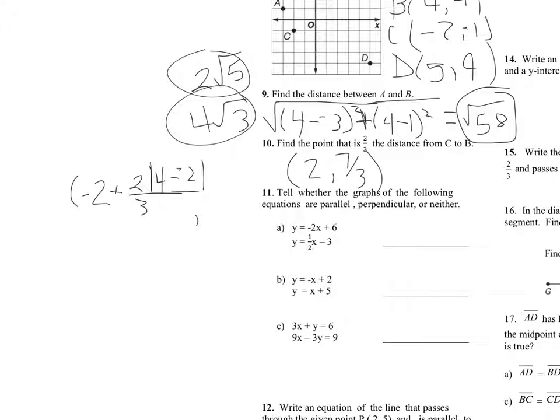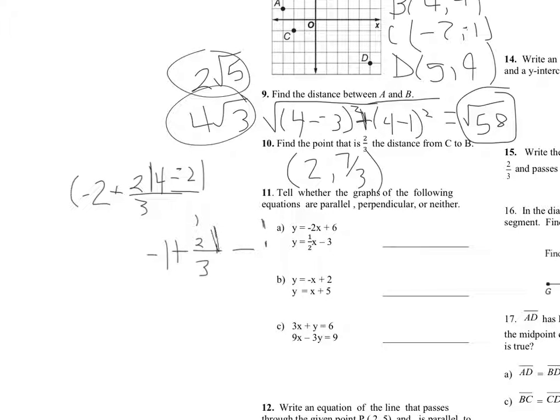And then for the y's, that's going to be -1 plus 2/3, absolute value of -1 minus 4. No, actually 4 minus -1. I have that backwards again, sorry. I have them in the wrong order.